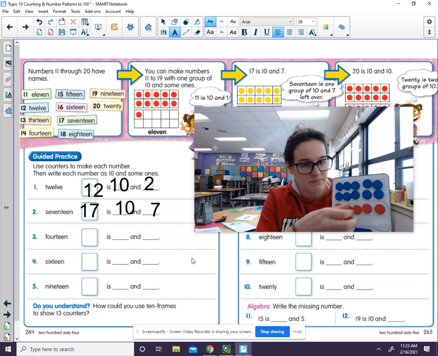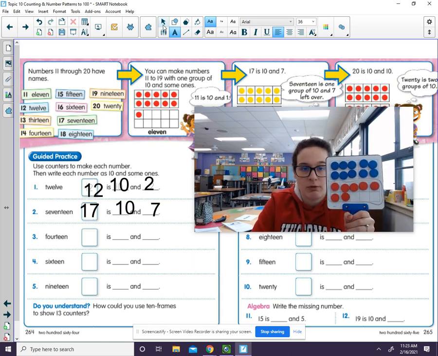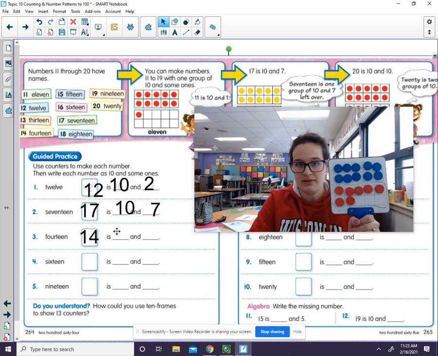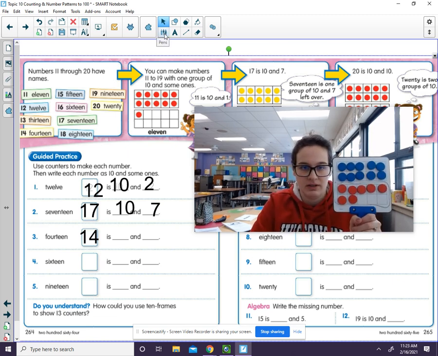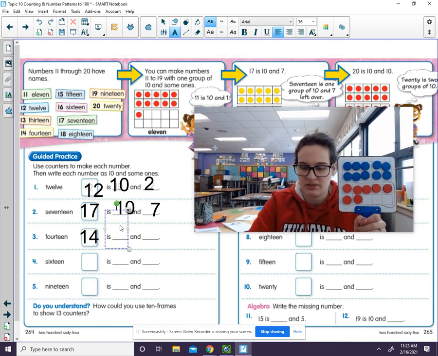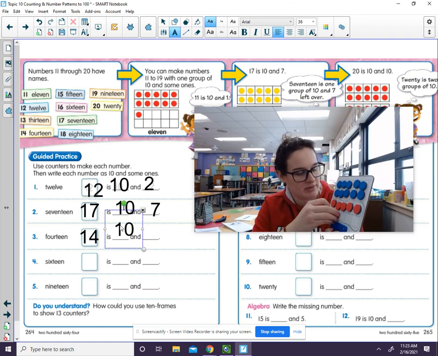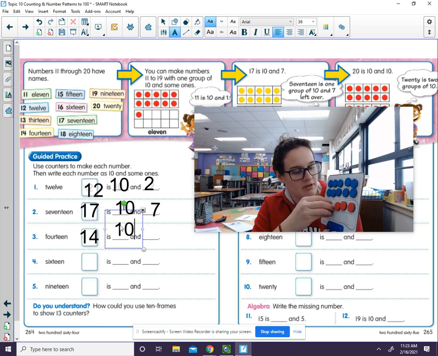Okay, let's do another one. So it says 14. Okay, well, 14 is 1 4. So it's going to be 10. We have to decide how many more. So it's 10 and so many more. Well, this is 17, so that's too many. So I'm going to start just taking all these off.